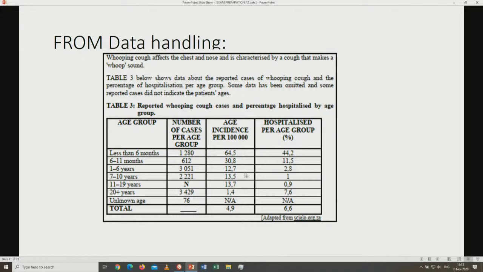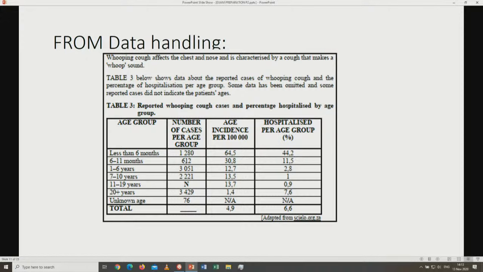And if you get now a view over the table, you see, okay, the age group that is possibly the most hospitalized is that 44.2, and then the 6 to 11 months. And then older people again. Wow, older people are also hospitalized, but not as much as babies. So you start getting a feeling of what is in this table.